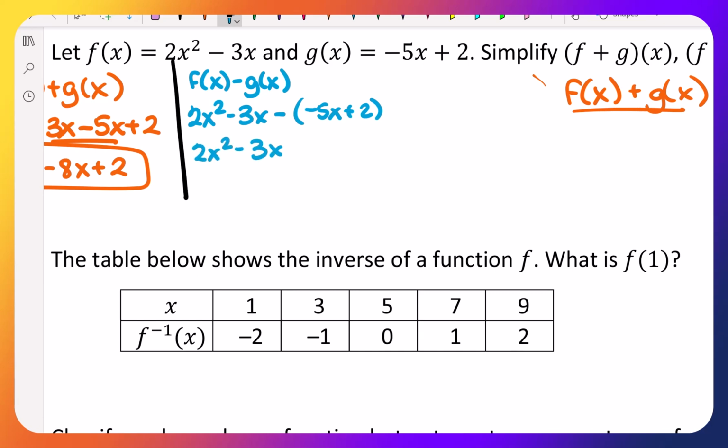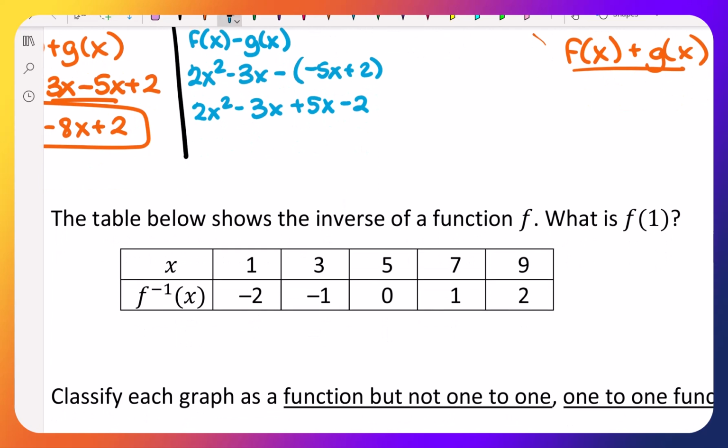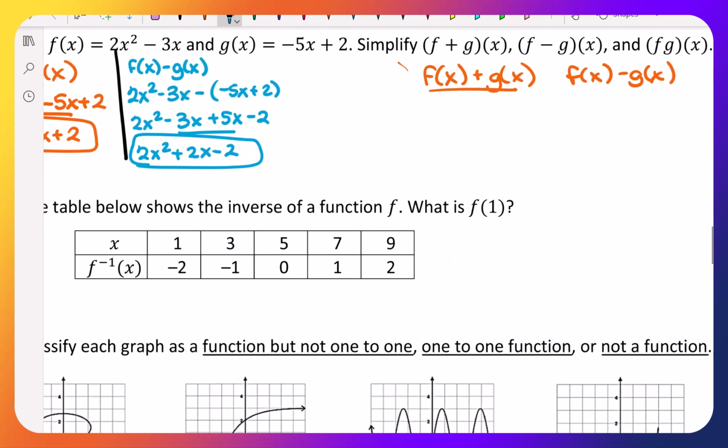So subtract -5 would be plus 5x. Here's the big mistake. A lot of you are going to put plus 2. Nope, you have to subtract a positive 2, so it's going to be -2. Now you get to combine these together. Okay, final answer on that one.